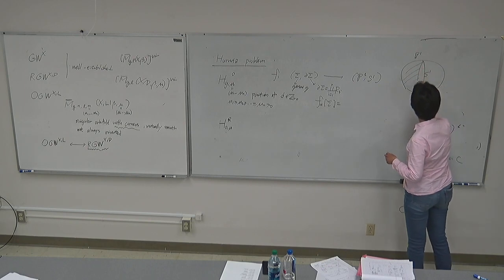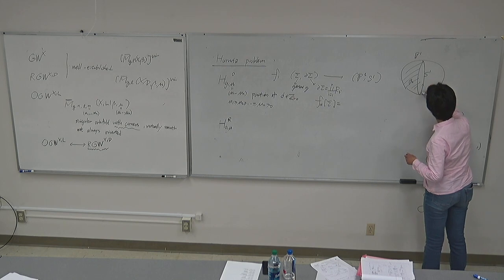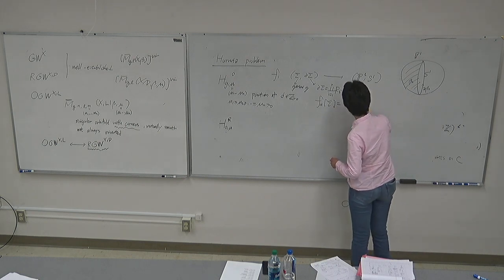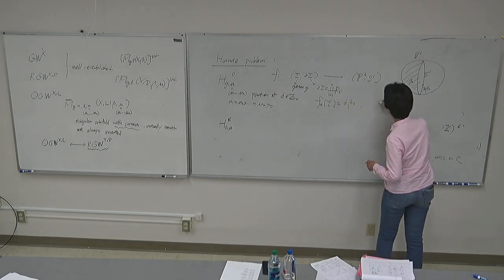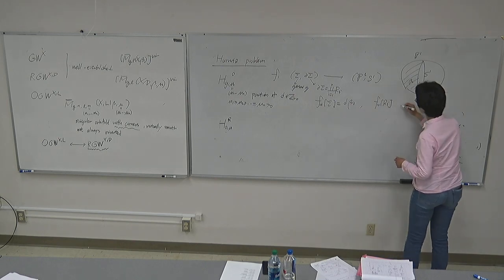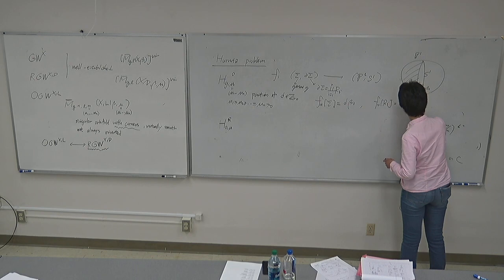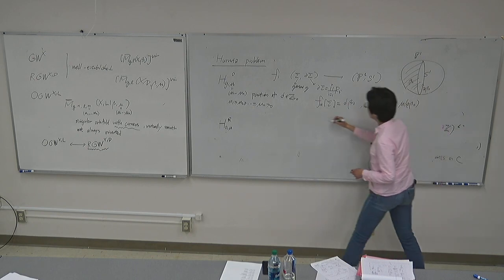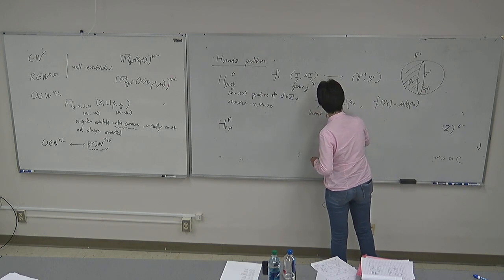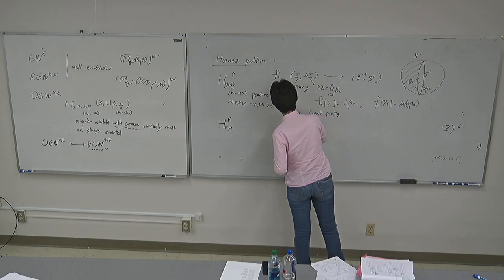And I just want to consider, so this is beta 0, and this is the class of this circle. So we want the simple branch points.